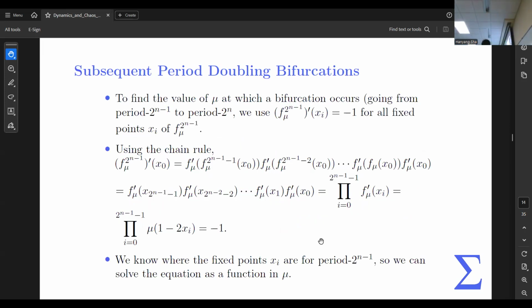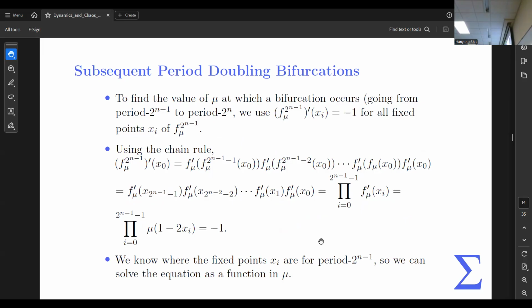Okay, and then for a subsequent period doubling, you can basically do the same idea, except you now use the chain rule. For example, if you go from period 2 to the n minus 1 to period 2 to the n, we use the fact that f of 2 to the n minus 1 will have derivative of -1, which is just a pattern.